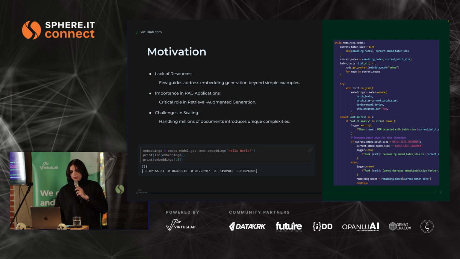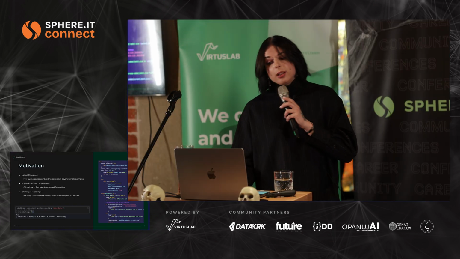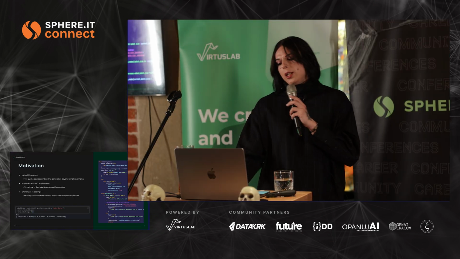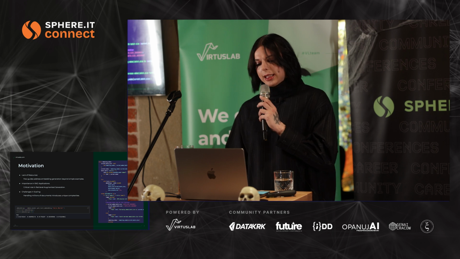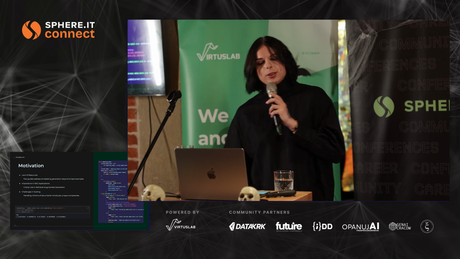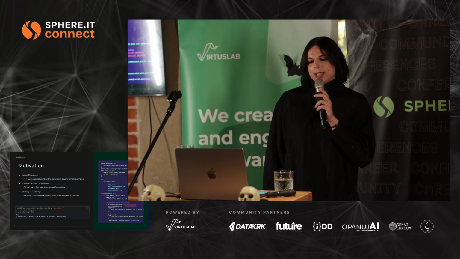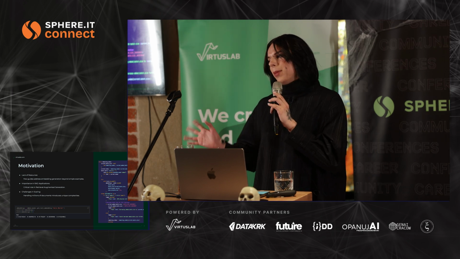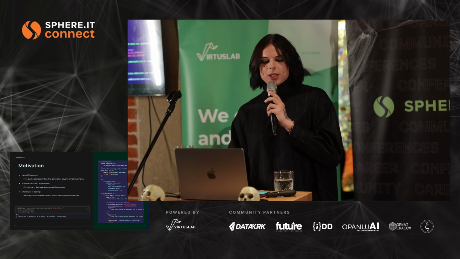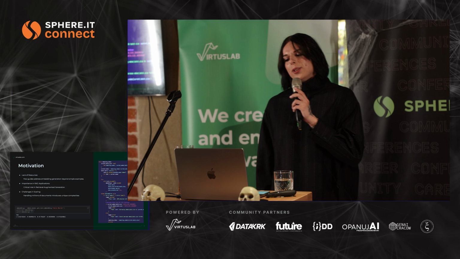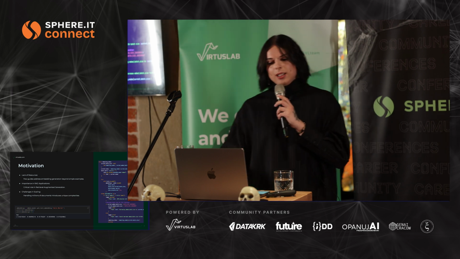Beyond the example that you see below, which is coming from Llama Index documentation, there were no examples of how to run embeddings at scale. So usually it was for document in the corpus, embed document, and this doesn't work for 50 million documents.